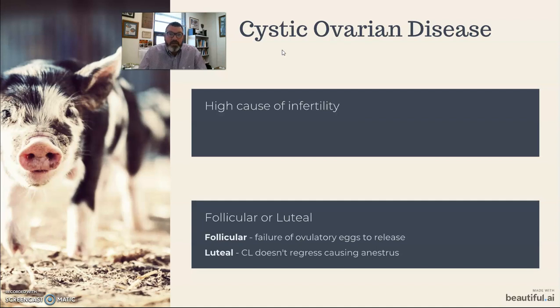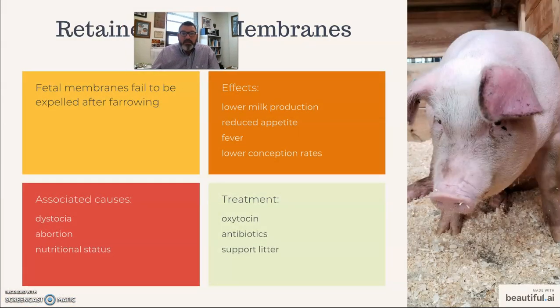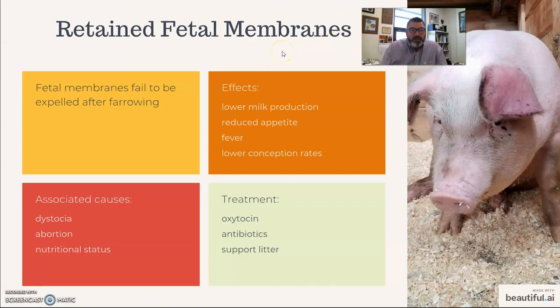That pig probably will come into heat every couple days but still not be able to get bred because they do not ovulate. Or a luteal cyst, where a corpus luteum, a structure that replaces an ovulated follicle, fails to regress and so continues to produce progesterone. And so the pig never even comes into estrus, a condition we call anestrus, and therefore doesn't breed, of course, because she never comes into heat. That's cystic ovarian disease.